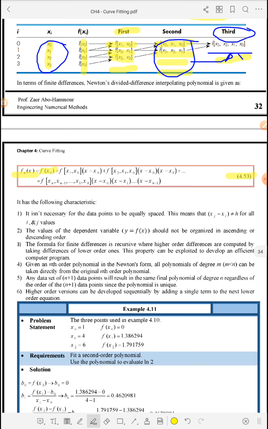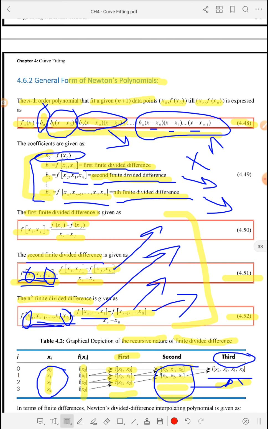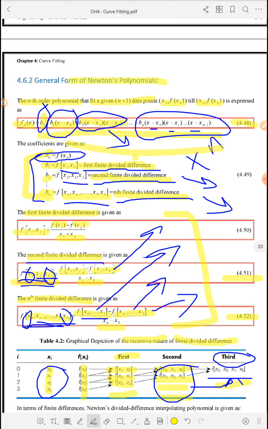So this was B0, this was B1, this was B2, and this was Bn in the previous equation. If you remember equation 4.48, it was in terms of b's.